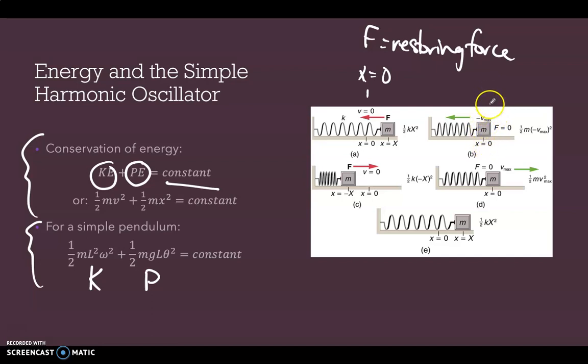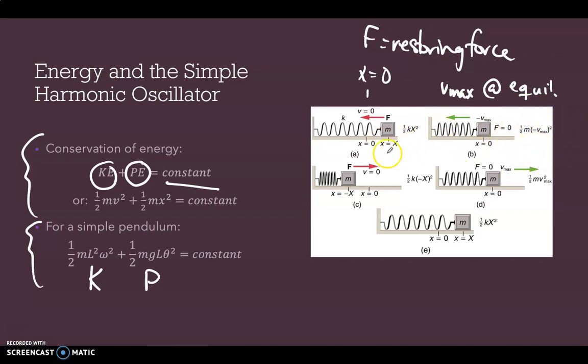At the point where it is pushed back and goes past the equilibrium, the system will hit its maximum velocity. This V max is going to be at equilibrium. That's going to be its maximum velocity, and it has some kinetic energy involved with that.